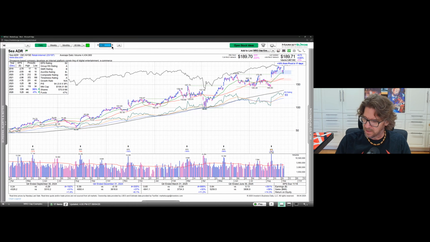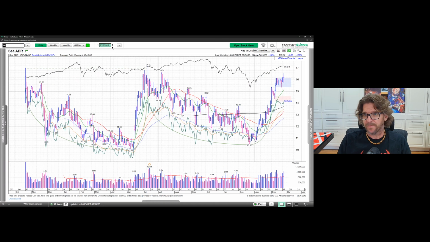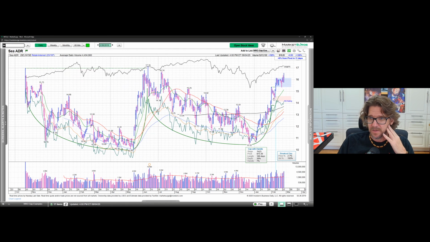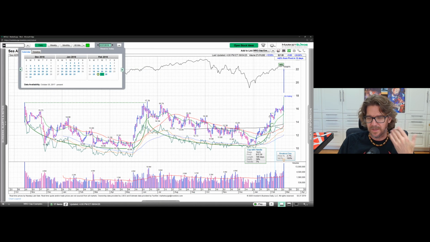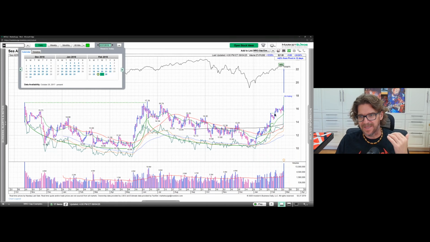February 26, 2019. So this is SE, and it already broke out of this cup with handle here. Now the next day, I believe we gap up. So it's still a breakaway gap in my opinion. Some people might say that it has to be exactly out of the pivot.